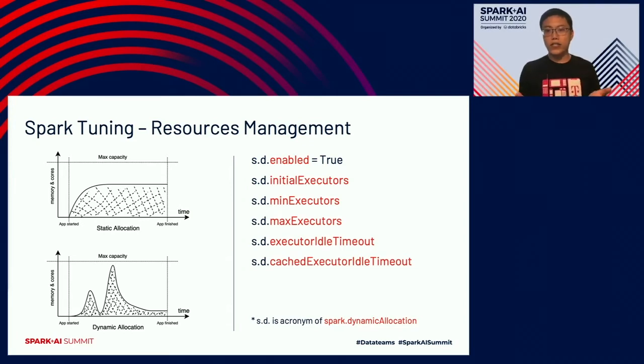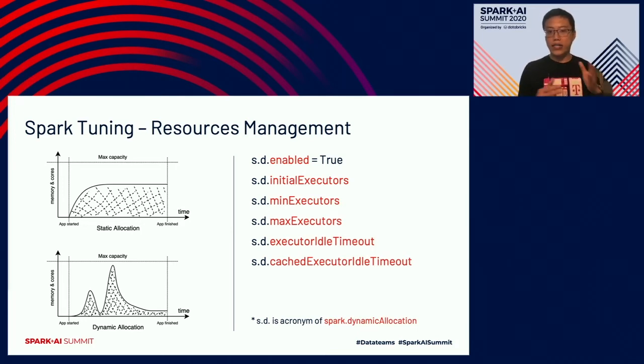You often allocate too few, which makes your job very slow or even fail, or you allocate too many and waste a lot of resources. In addition, those resources are occupied for the entire lifetime of your application, which also leads to unnecessary waste. That's why the flexible mode called dynamic allocation comes into place.